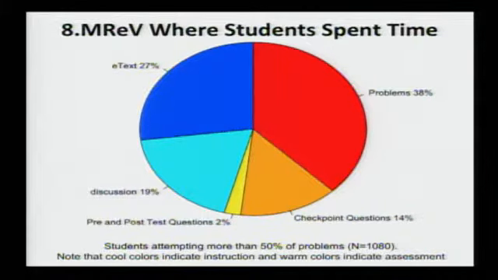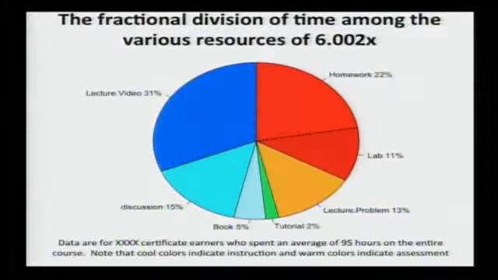If you just threw in the discussion, you'd probably have a good approximation to the fraction of time that is spent on assessment activities. And now, 6002X is a standard course in the sense that it is a traditional on-campus course put online. It has a lot of resources.